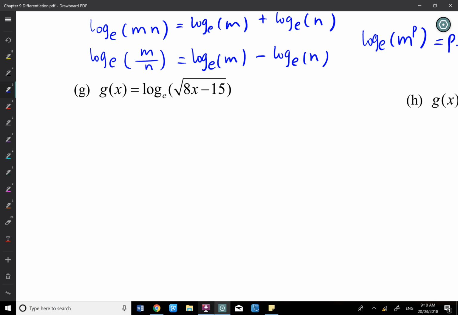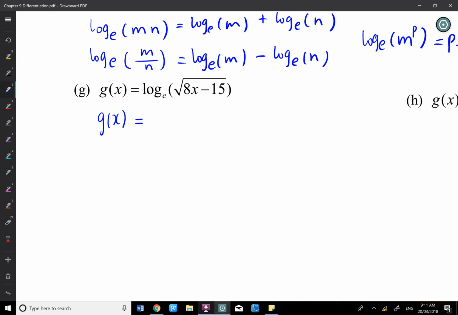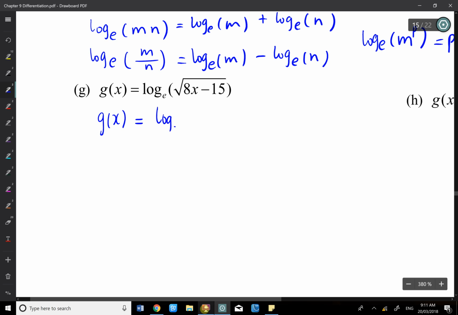For the first one, what should g(x) look like? What does the square root give you? Power of a half. So which rule can we use?